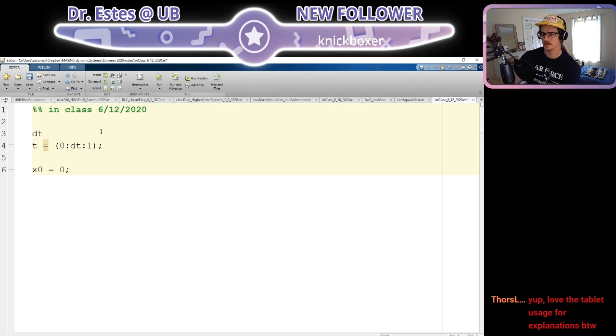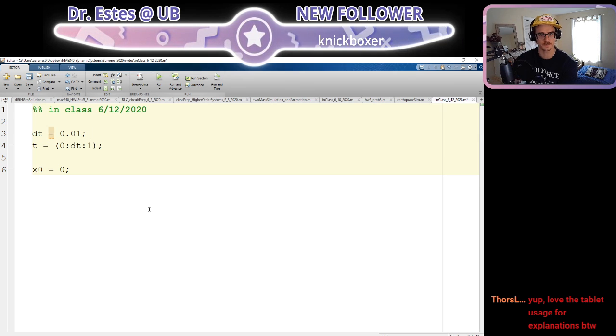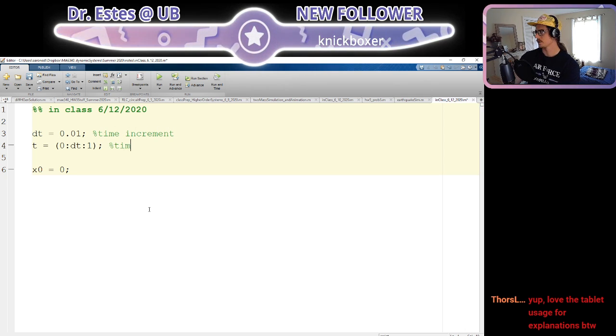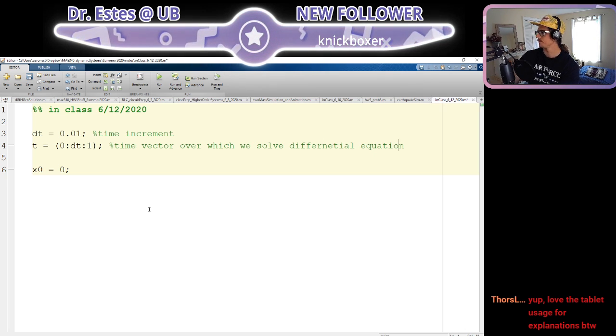And let's define dt in increments of 0.01 seconds. So that's 100 times per second, or increments of a 100th of a second. So this is our time increment. This would be the time vector over which we solve the differential equation. This is our initial condition.